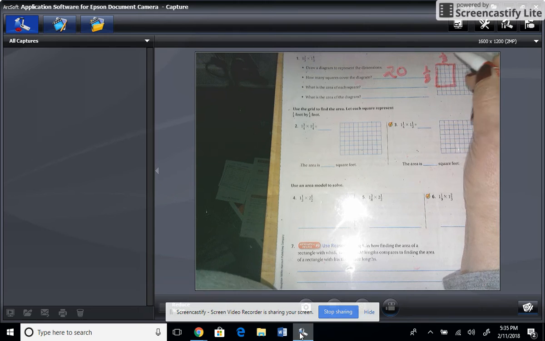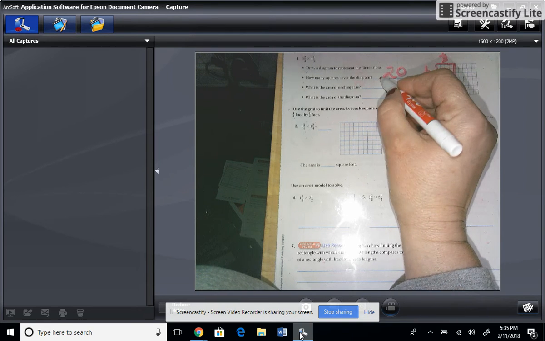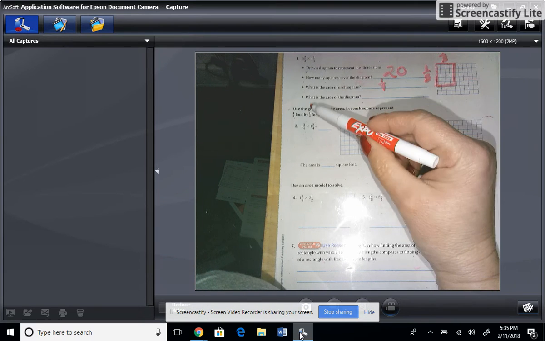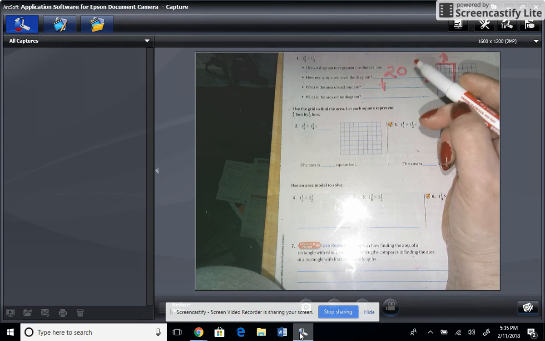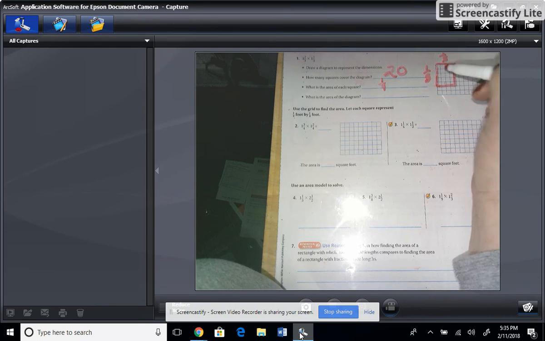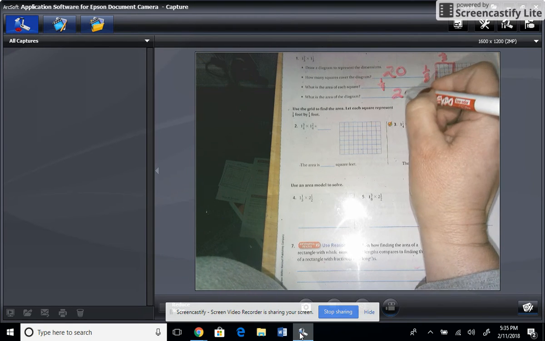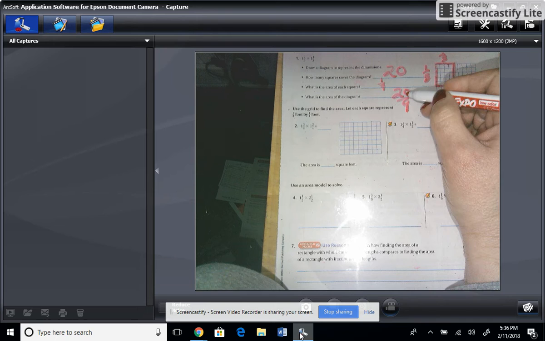So what is the area of the diagram? 20 over 1 times 1/9, and we get 20/9. How many times does 9 go into 20? 2. That's 18. So 2 2/9. So that way works.